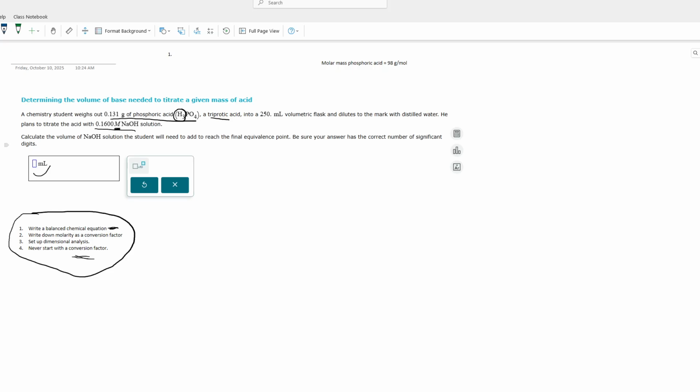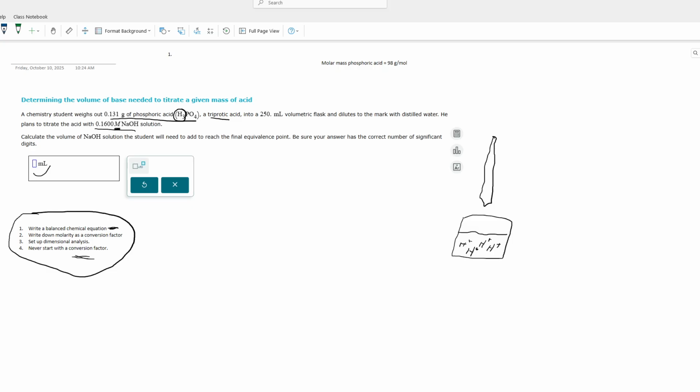Let's write a balanced chemical equation for what's going on, because again, we're doing this titration reaction where we're going to dissolve our acid in a little beaker here. And when we dissolve an acid, these hydrogens are going to come into solution. If it's an unknown, I often want to know how much is in there. But in this case, we're calculating the volume of sodium hydroxide needed. We're going to use a burette and drip it in there.